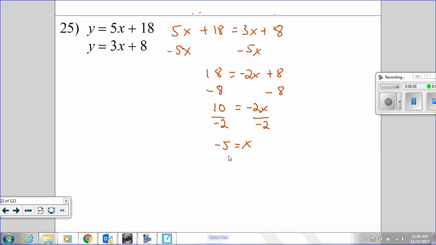All right, so I did my first part. I've solved for x. Now, my last step is to take this negative 5 and plug it into one of these previous equations. And I can plug into either one of these. I chose y equals 3x plus 8. Seems like the easiest one to solve. All right, so here I've got y is equal to 3, and I've substituted the negative 5 for x, plus 8.